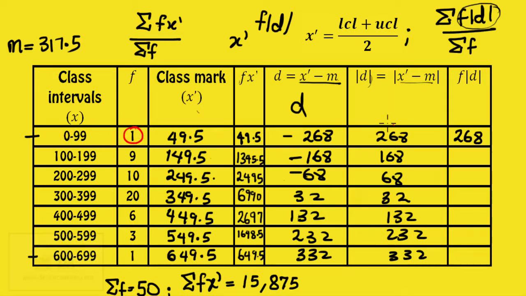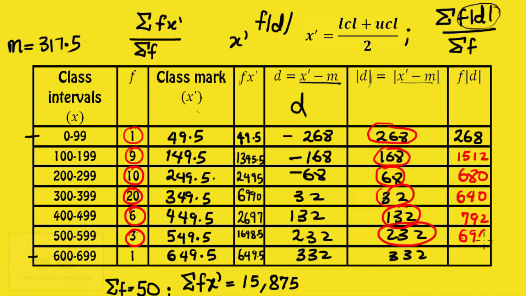So 1 times 268 is 268. 9 times 168 is 1512. 10 times 68 is 680. 20 times 32 is 640. 6 times 132 is 792. 3 times 232 is 696. 1 times 332 is 332.